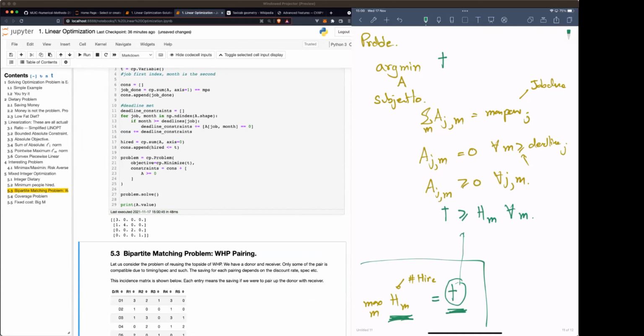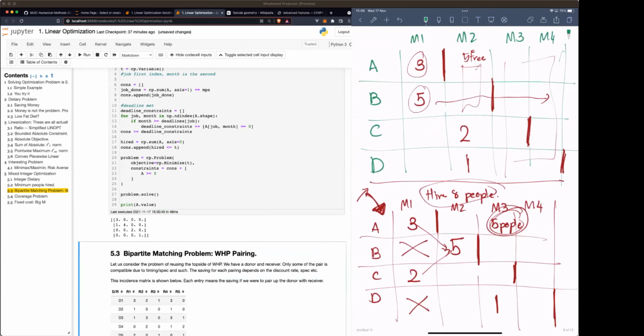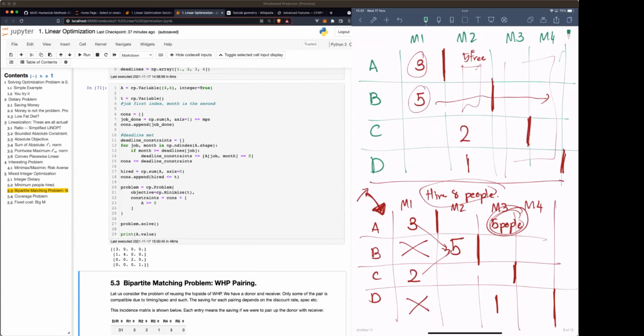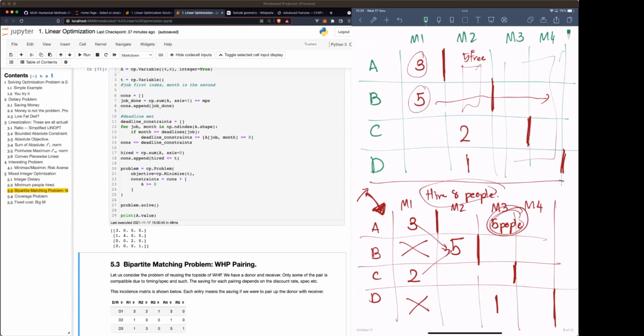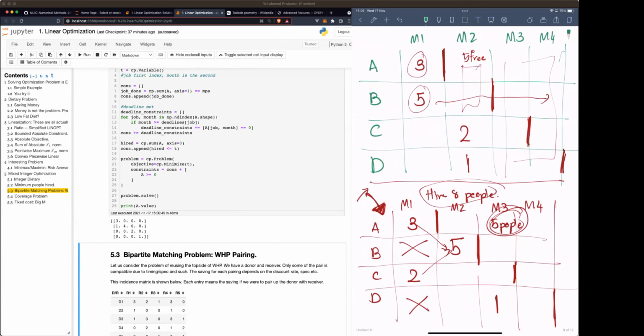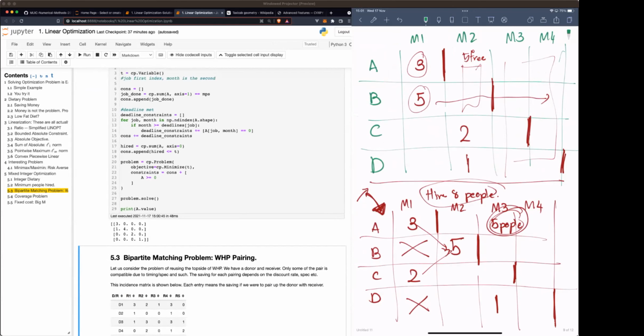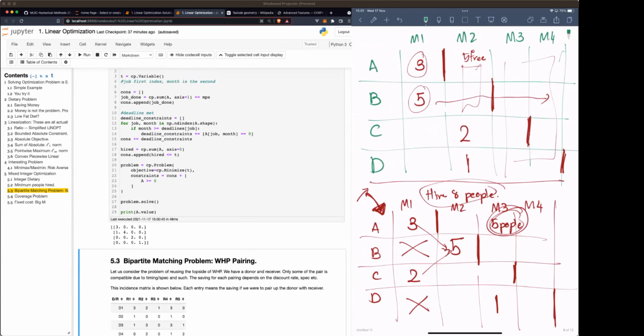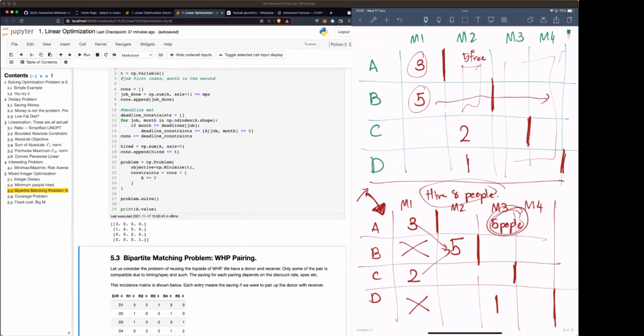Oh, they can even do 4. That's actually very smart. That's actually clever though. I wouldn't have ever thought about doing a schedule that looks like this.